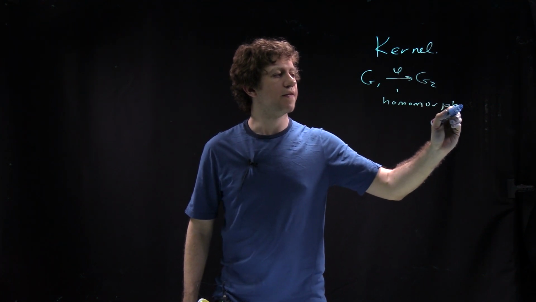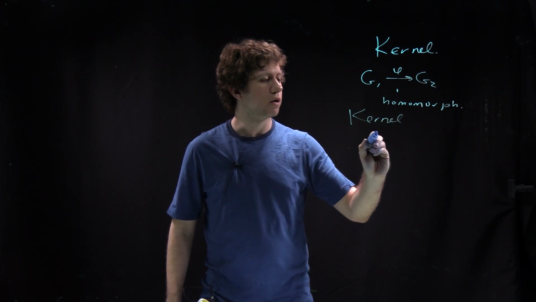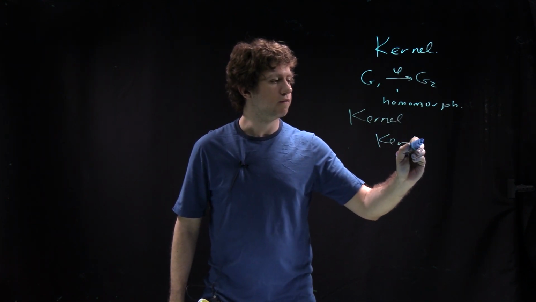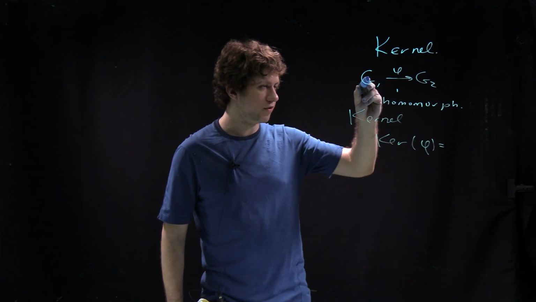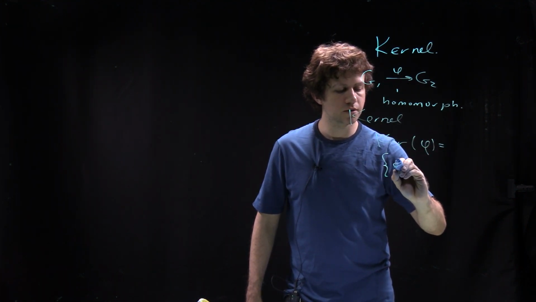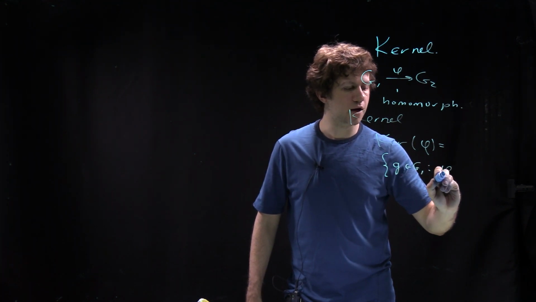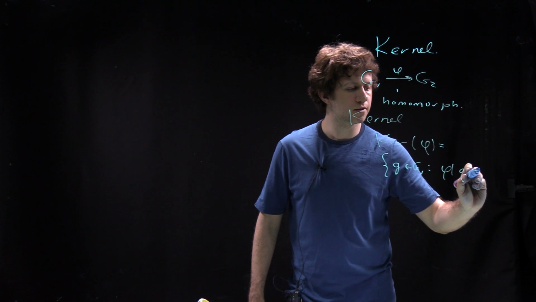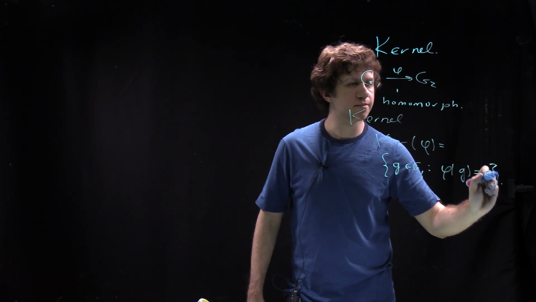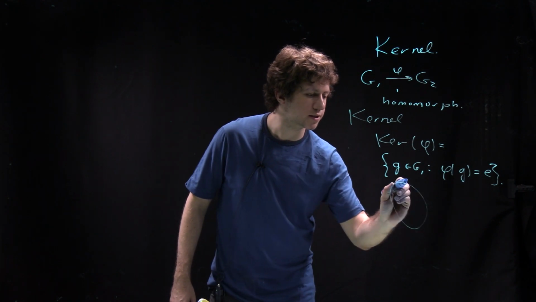Then the kernel, ker φ, is the set of elements g in G1 such that φ of g is the identity, the identity element in G2. So just all elements which go to the identity.